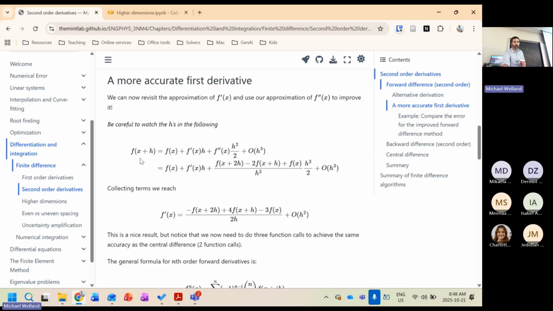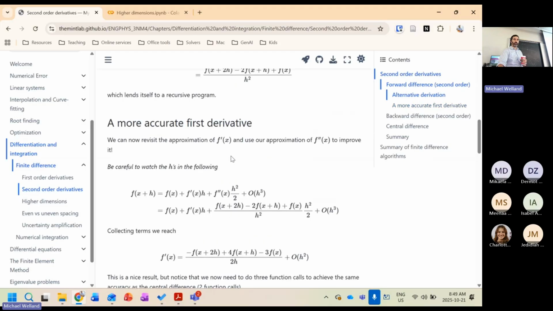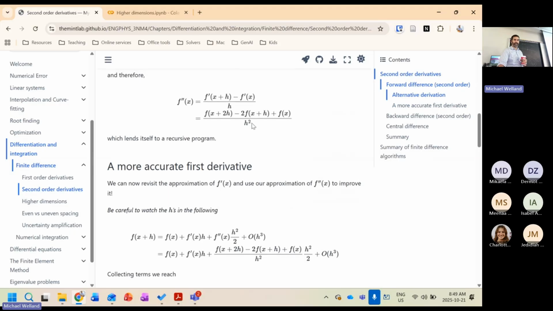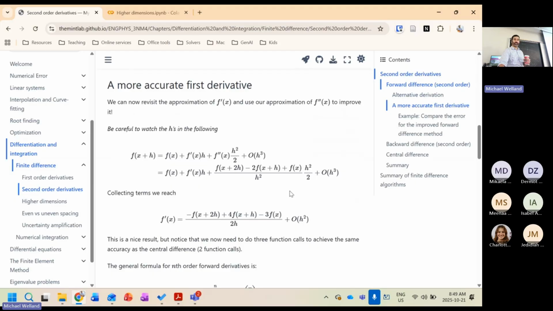So we've got f of x plus h, f of x, and now we're going to substitute in our expression in here. We calculated what f double prime of x is. It's this guy. Let's plonk it in there. Let's collect our terms. And now we have a new expression for f prime at x that's forward.